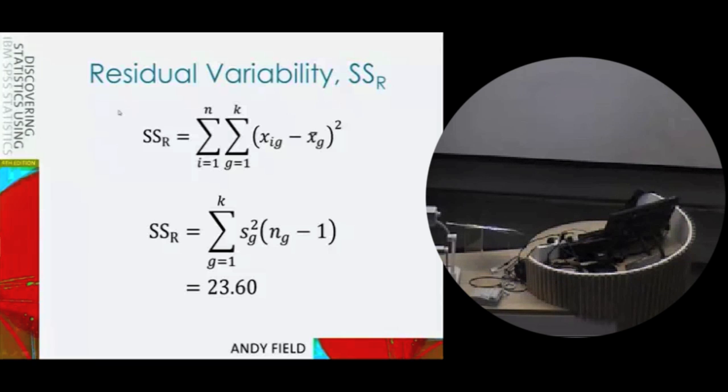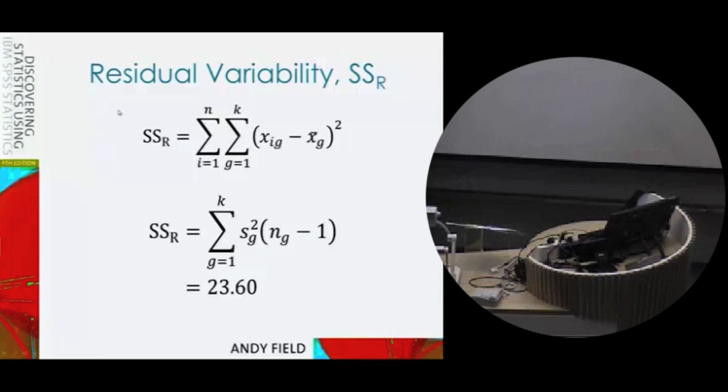So it's a bit like saying you work out the variance within a group and times it by the degrees of freedom effectively, and then you add that up for the groups that you have. But like I said, if the equations don't make sense, that doesn't particularly matter. What's more important is that the diagram and the conceptual understanding makes sense. So what we're doing here is working out the variability within groups.